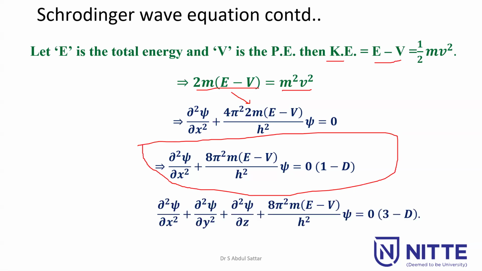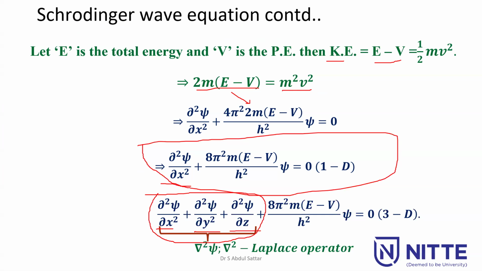So if you want to get three dimensional, we have to write, in place of ∂²ψ/∂x², ∂²ψ/∂x² plus ∂²ψ/∂y² plus ∂²ψ/∂z². In this case, ψ is a function of x, y, z. We can replace this ∂²ψ/∂x² plus ∂²ψ/∂y² plus ∂²ψ/∂z² with del square ψ. The del square is a Laplace operator.